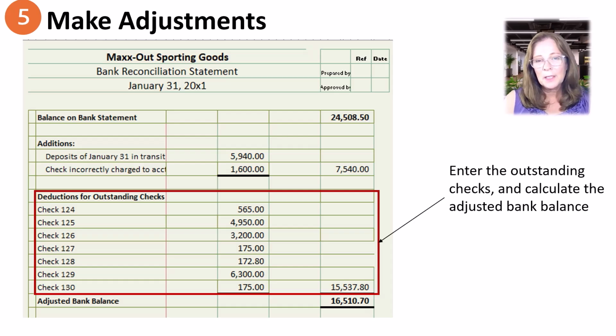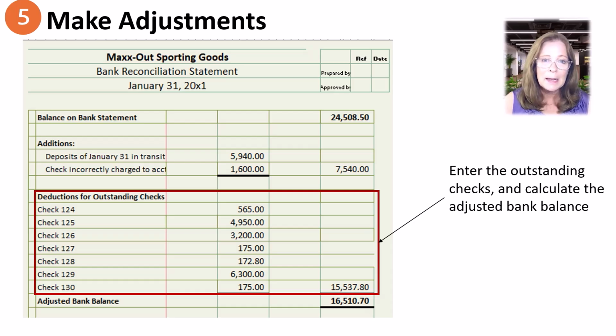Next, we'll complete the deductions section of the bank portion of the reconciliation. The deductions consist of the outstanding checks we identified earlier. And remember, these are checks that have already been issued and recorded in the company's accounting records, but they have not yet cleared the bank. Since we expect the bank to process these checks in the future, we must reduce the bank statement balance by their amount.